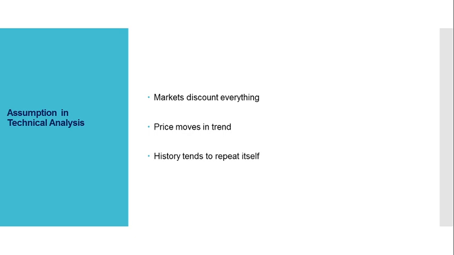History tends to repeat itself. In the technical analysis context, the price trend tends to repeat itself. This happens because market participants consistently react to price movements in a remarkably similar way.